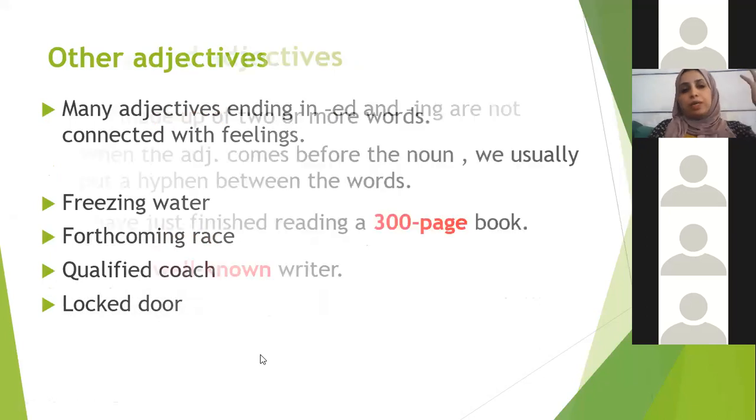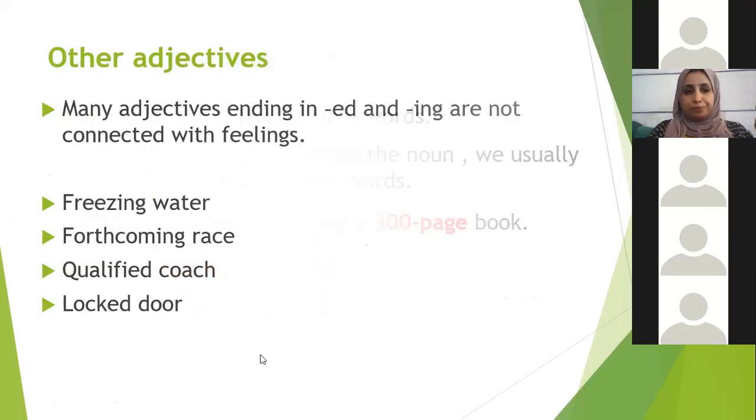Now, we have to be careful when we talk about adjectives that end with -ed and -ing. Why? Because sometimes you're going to find adjectives that have -ed or -ing, and still it has nothing to do with feelings. They don't describe what causes the feeling, and they don't describe how you feel.